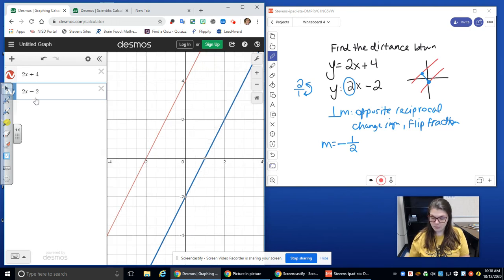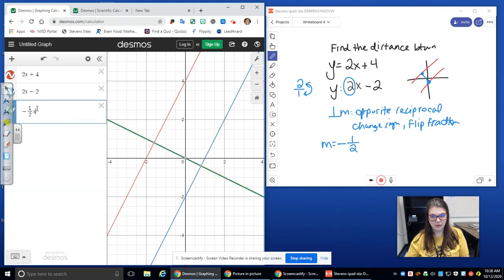We wanted a perpendicular line to find our distance, and we said that our line's slope is negative 1/2 x. Does that look somewhat like mine? Yeah, because we have two parallel lines and a perpendicular that is crossing.